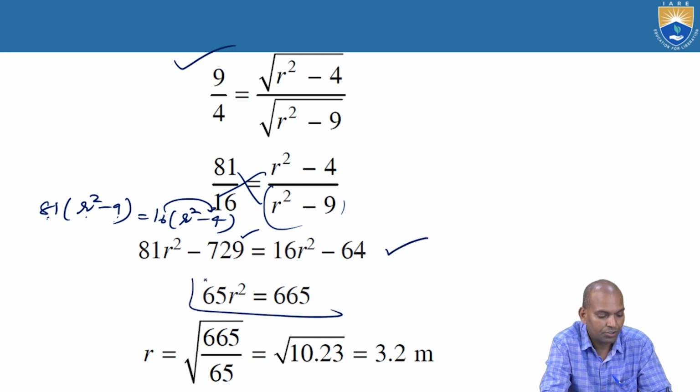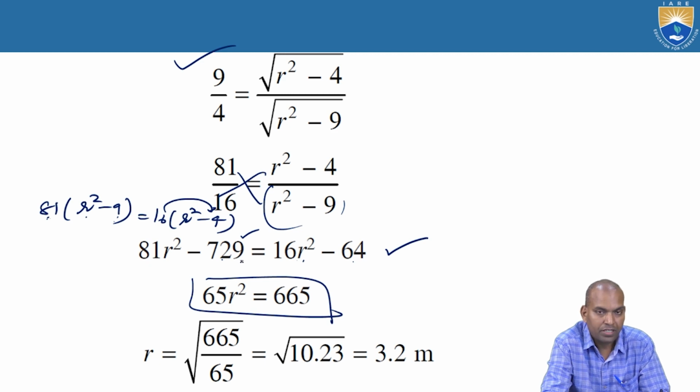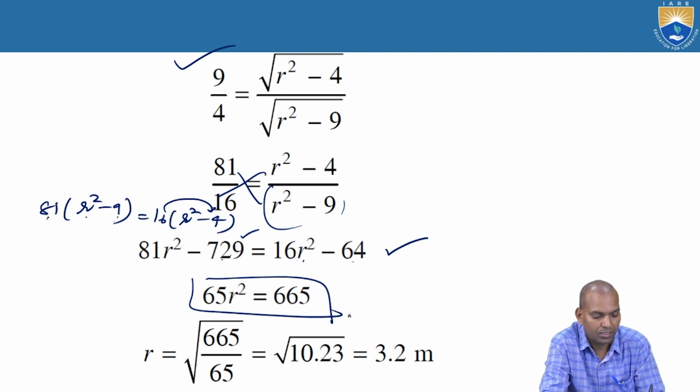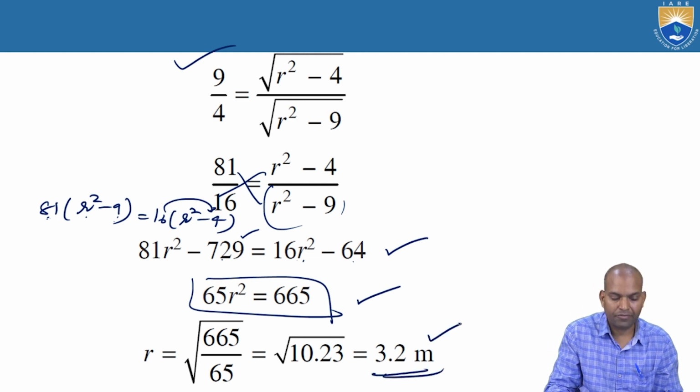Now 65 r square equals 729 minus 64, that is 665. Then r equals 3.2 meters, where r is the amplitude.